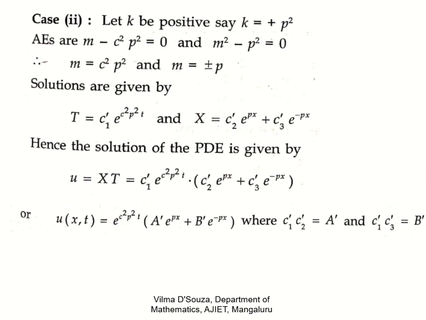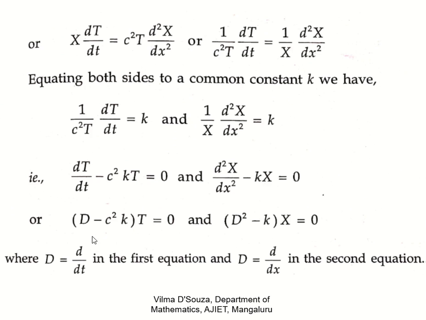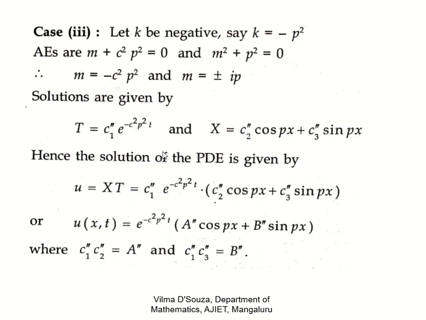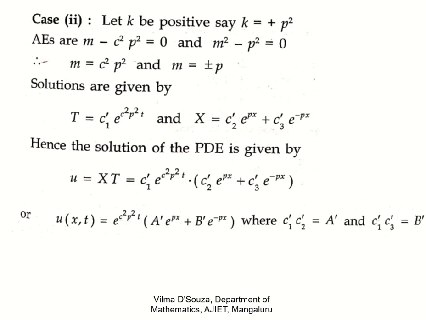Next we are considering one more case wherein k is positive, plus p². So k is plus p². What is your auxiliary equation? m minus c²p² equals 0, and here m² minus p² equals 0. This one corresponds to t, and this one corresponds to x, don't get confused.